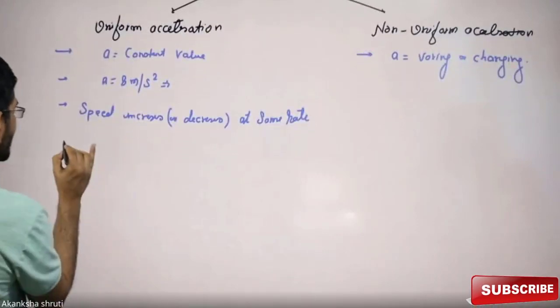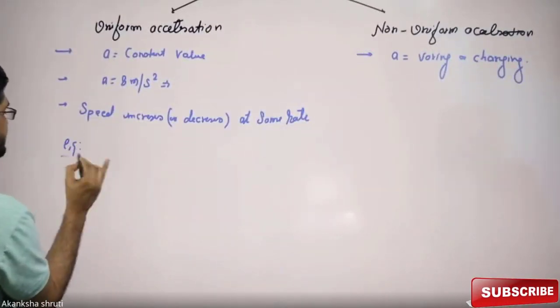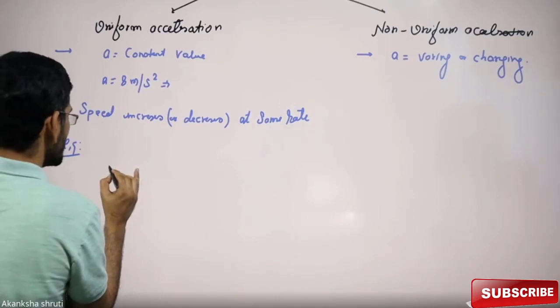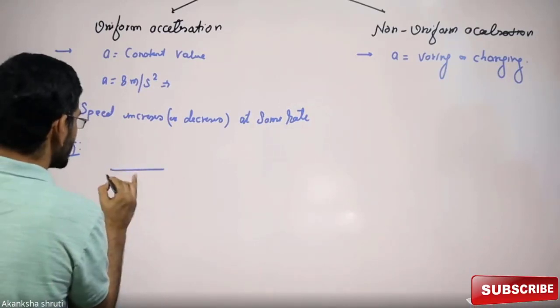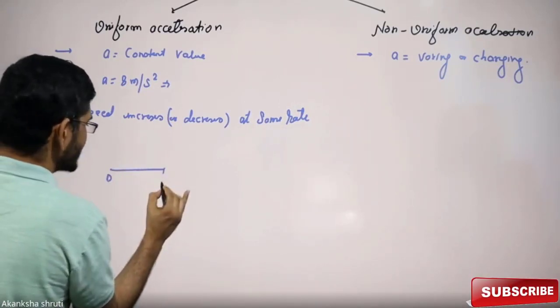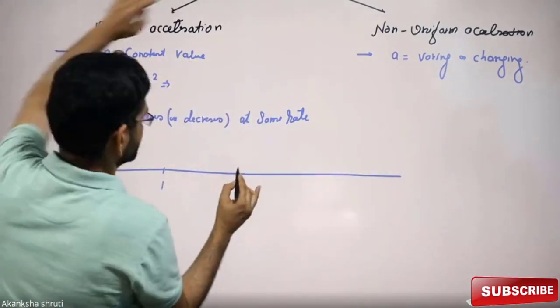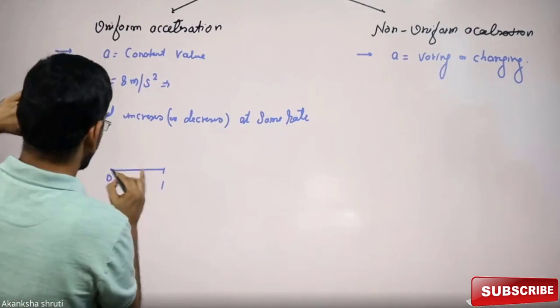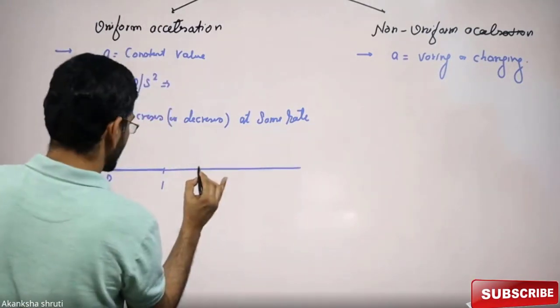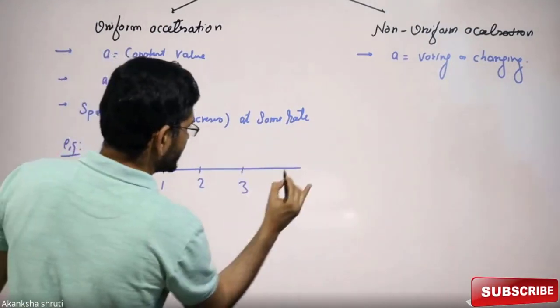Example, if I consider, say, from 0 to 1 second, let us consider this 0 second and this is 1 second, or let us put the time interval on this axis to understand this. Then 2 seconds, 3 seconds, 4 seconds.